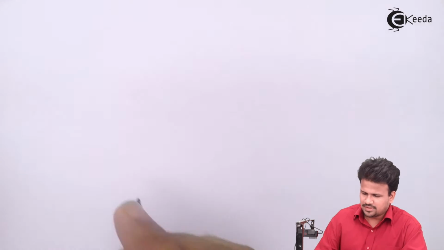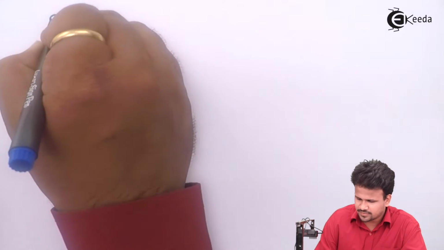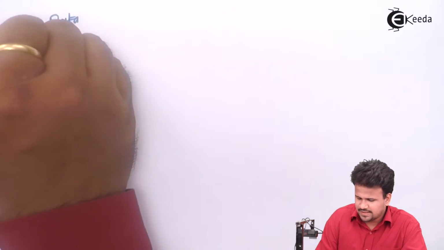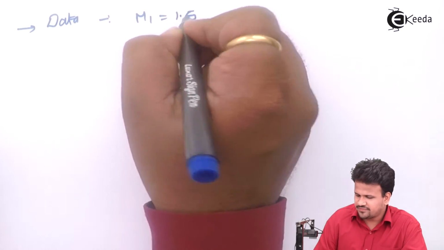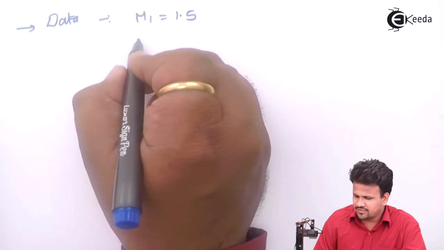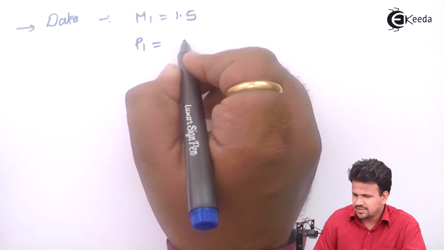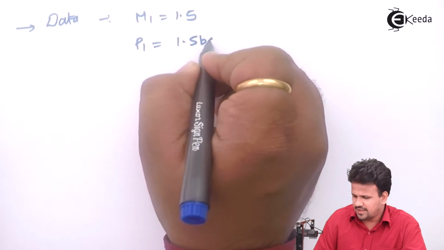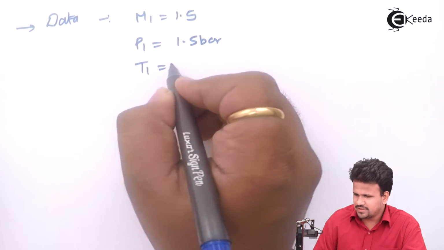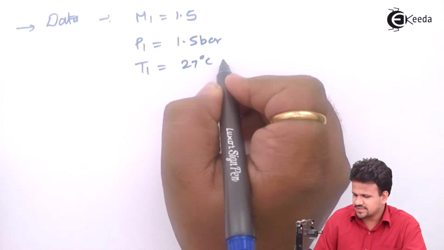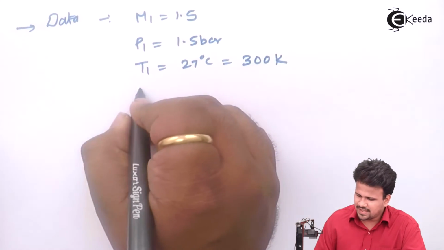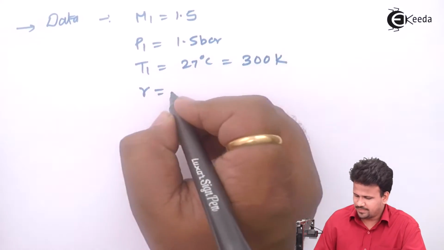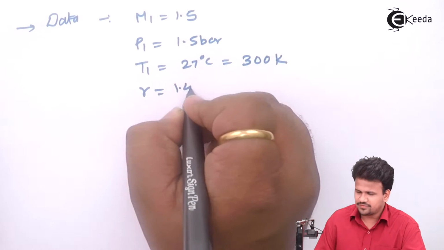First, they have given us the Mach number, which is 1.5. Next, pressure P1 is 1.5 bar and temperature T1 is 27 degrees Celsius, that is 300 Kelvin. Along with that, the adiabatic constant gamma is 1.4.